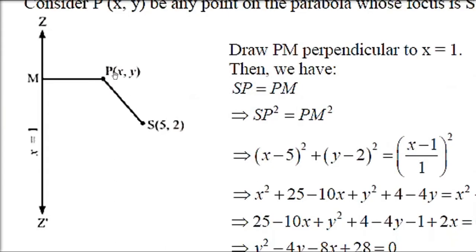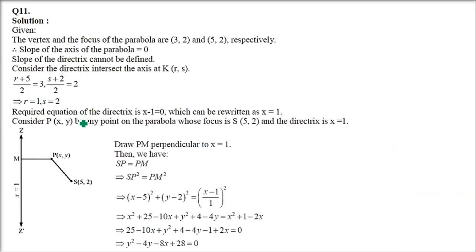A point has a distance from 5, 2 and a distance from the directrix. We have to find out the equation of the directrix first. So let us go about that. Where I join the line from focus to the vertex, the point on the directrix I don't know. Let us assume it to be r comma s.